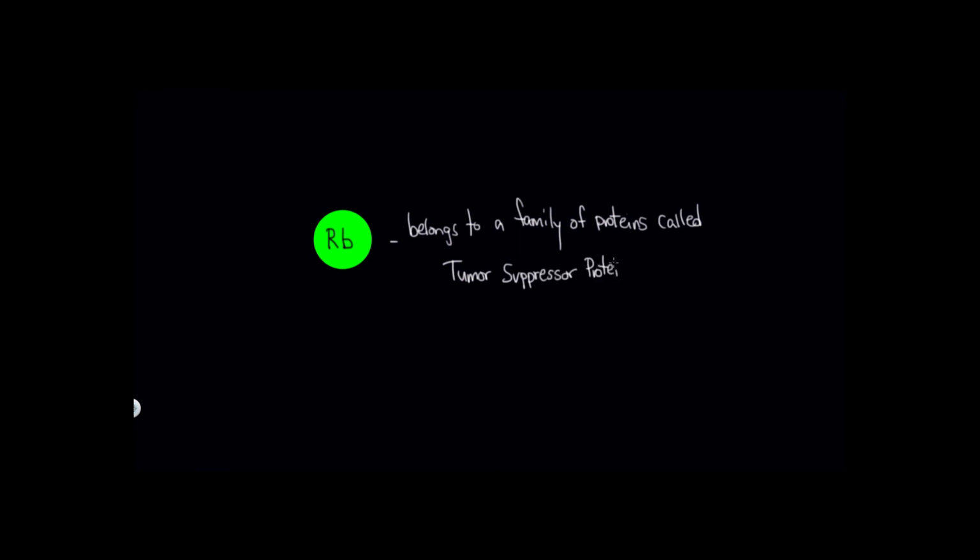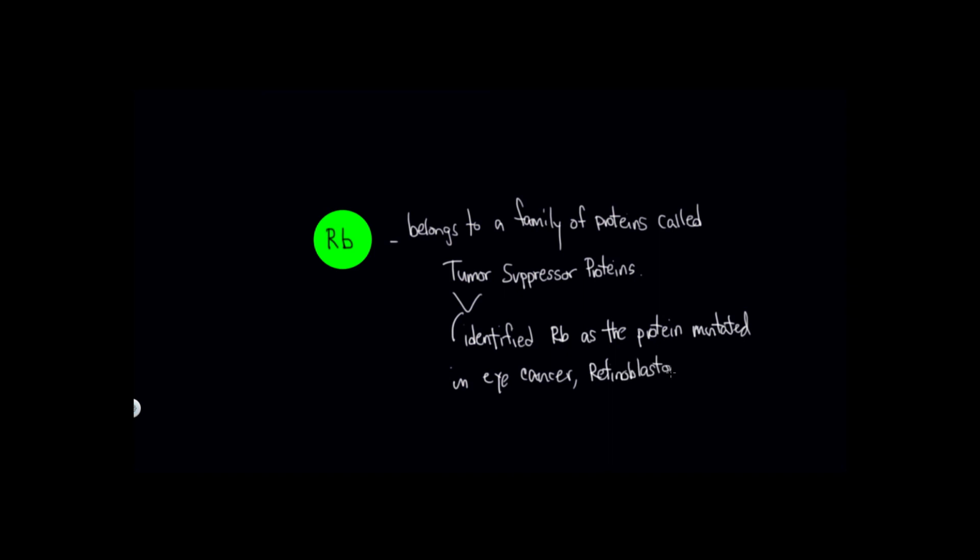So typically we have a functioning copy of the retinoblastoma protein, and it works to keep the DNA from replicating until things in the G1 are checked off to make sure that they are prepared to do DNA replication. But in a cancer, if that RB is not doing its job, then instead of suppressing cell growth, it's going to allow cell growth to happen and therefore lead to a tumor.